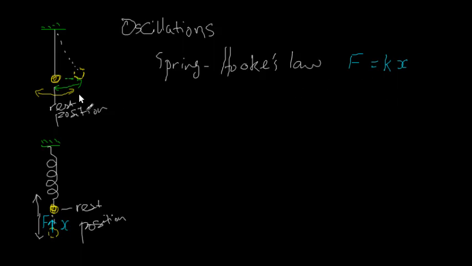Now let's have a look at the pendulum. So what's the force that pulls the ball back if I displace it? In order to do this, I need to draw a bigger picture. So here goes. Now this is the rest position.